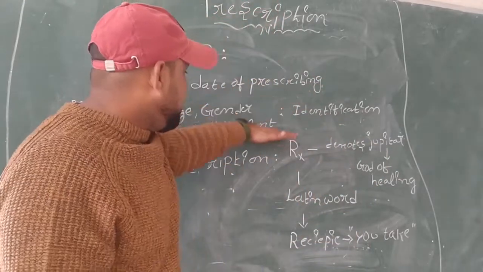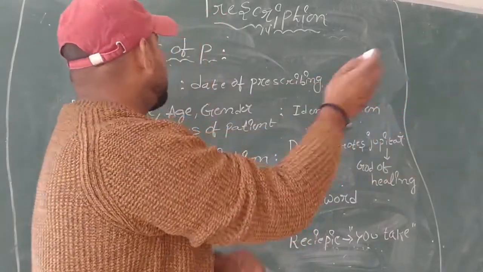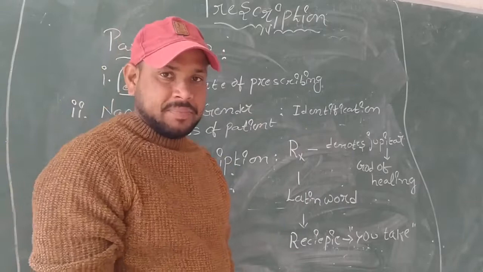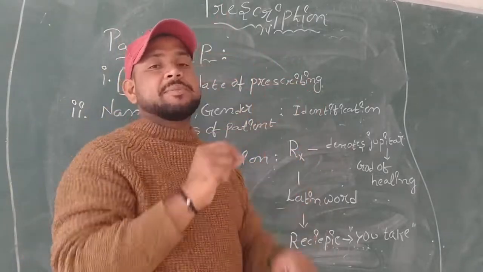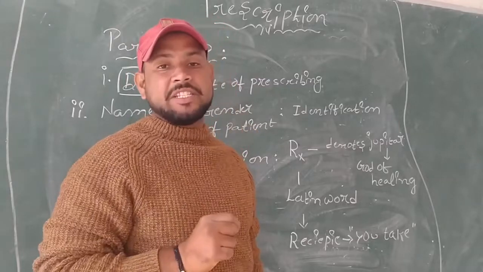So there are different parts in the prescription. The first part of the prescription is date. On the top of the prescription there will be a date. How is it useful?